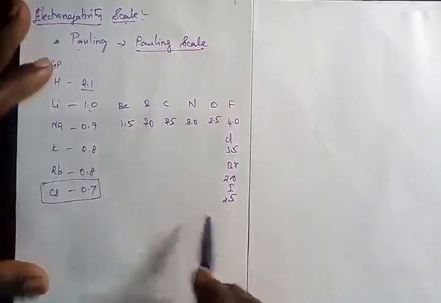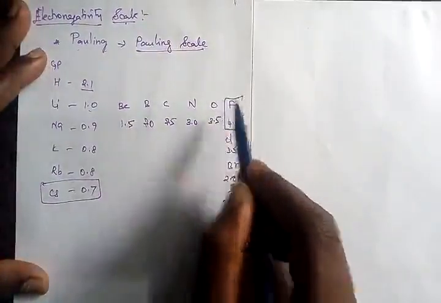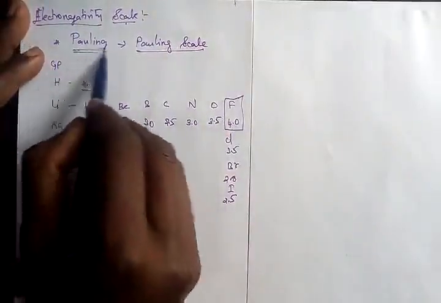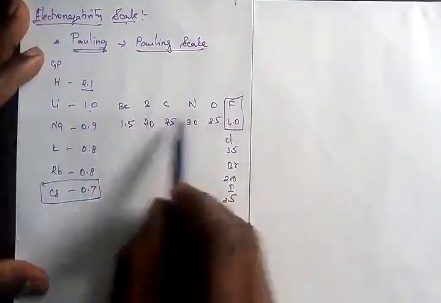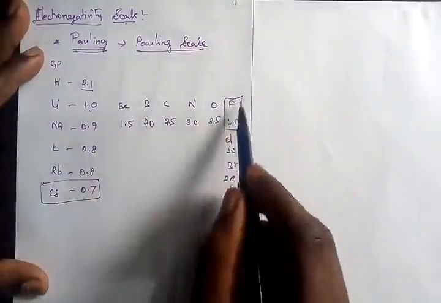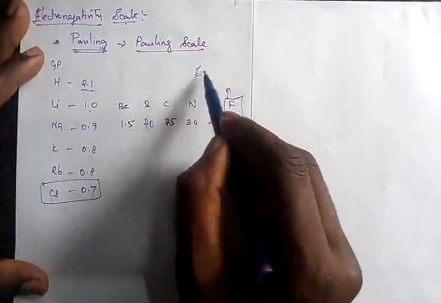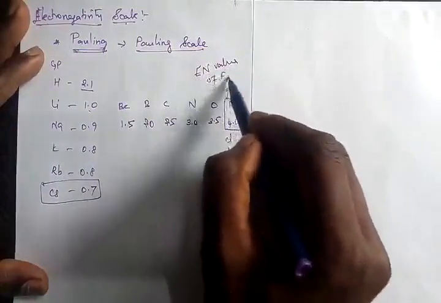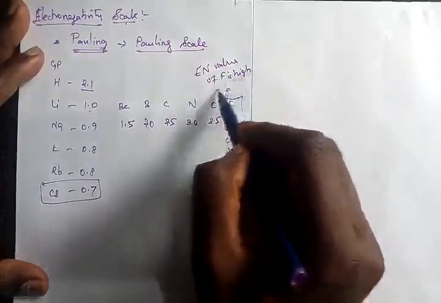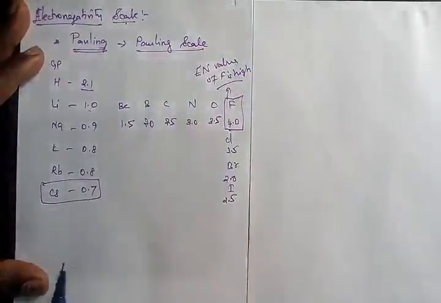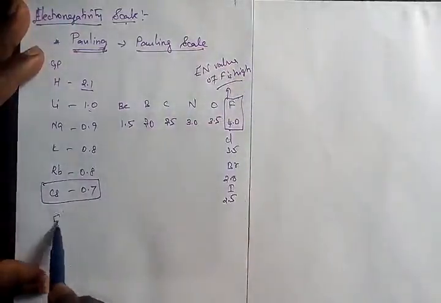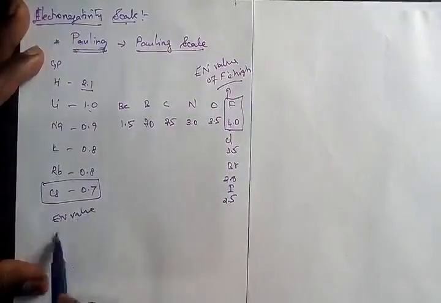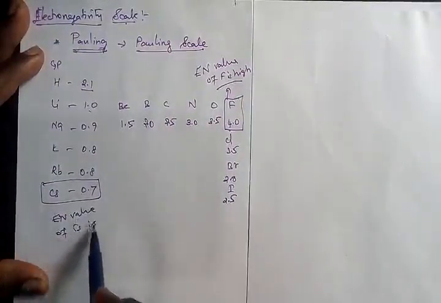So look at this cesium and this fluorine. In the Pauling scale, out of all these elements, fluorine has the highest number. So the electronegativity value of fluorine is high, got it? This is 4.0. Coming to cesium, the En value of cesium is low.